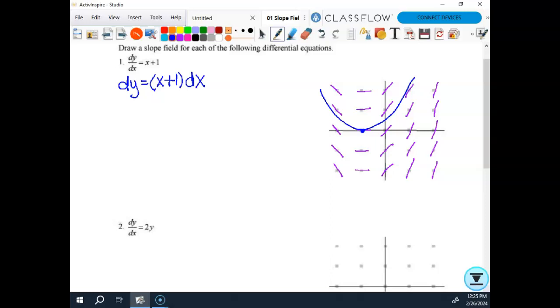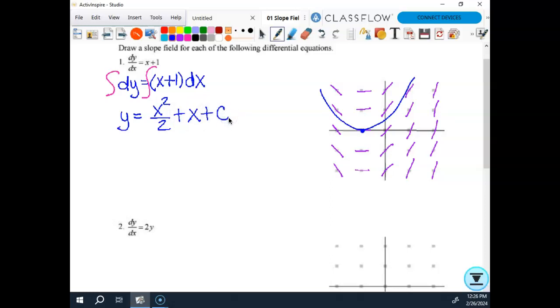Right? So then if I integrate both sides, when I integrate dy, I just get y. And when I integrate x plus 1, when I integrate x, what do I get? x squared over 2 plus x plus c.